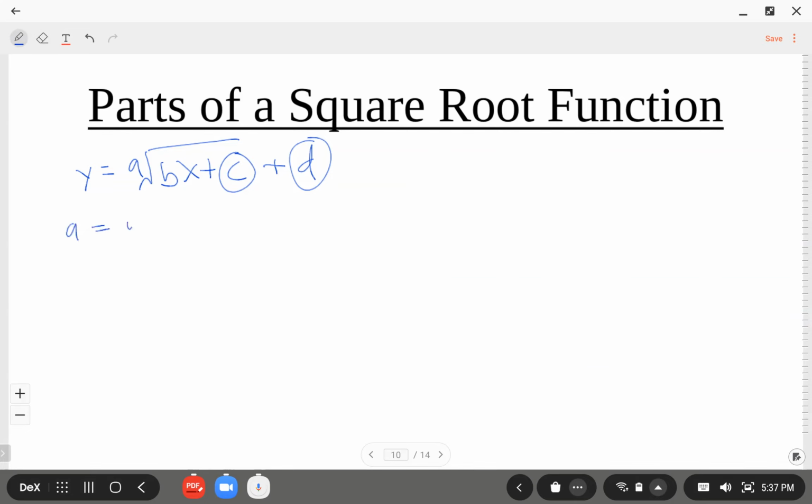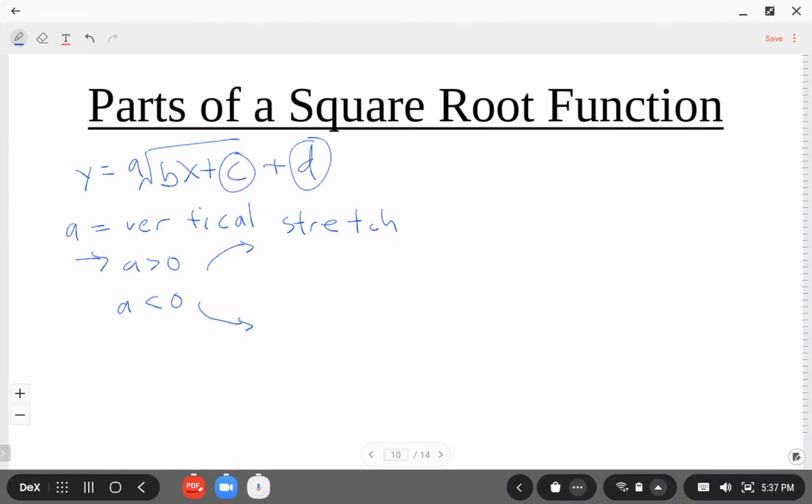All right, so let's write that down. a is a vertical stretch. So what does this mean?